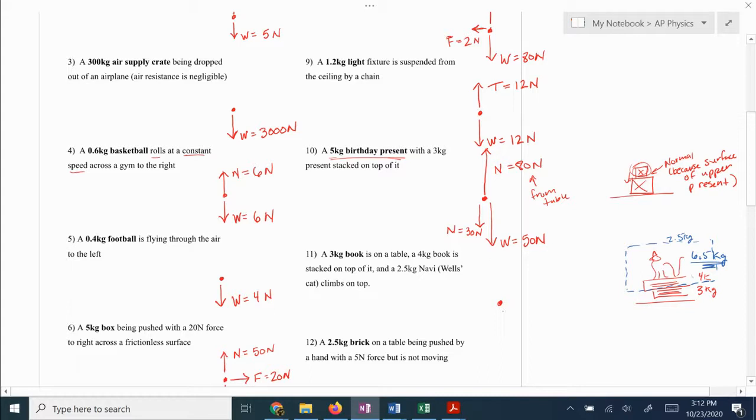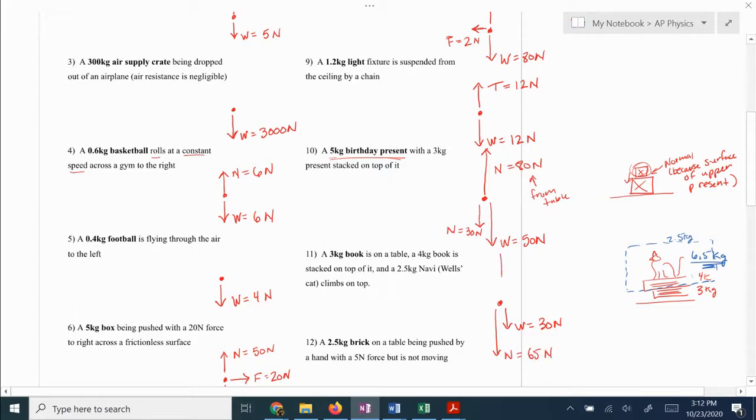we have the weight of the book, which is just going to be 3 times 10, so that's going to be 30 newtons. We have the weight of the upper book, just like before, except this time it's 6.5, so that's going to be the normal force of that upper book, which is 6.5 times 10, so 65 newtons.